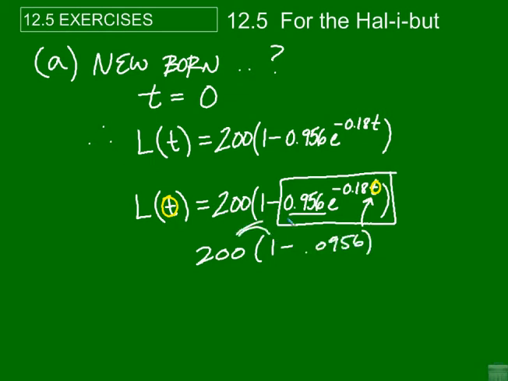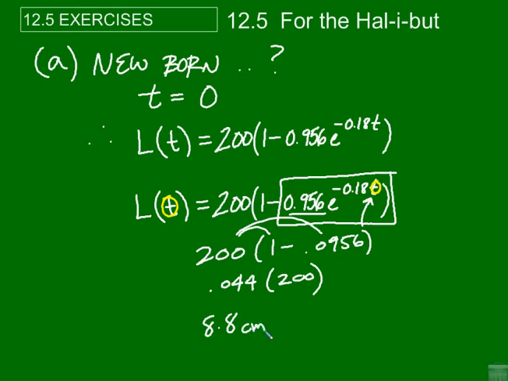I'm going to take the 200 and distribute it through there, or just take 1 minus 0.0956. Either way you do that, you're going to end up doing this calculation here. And you'll have this little tiny baby halibut swimming and kicking around at 8.8 centimeters.